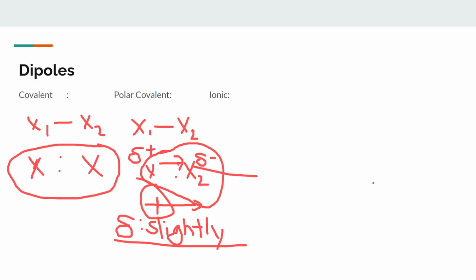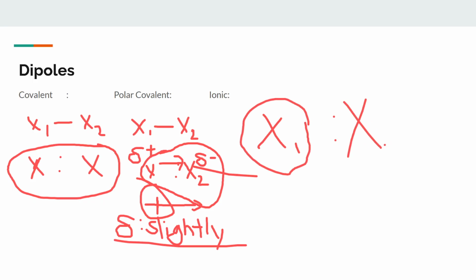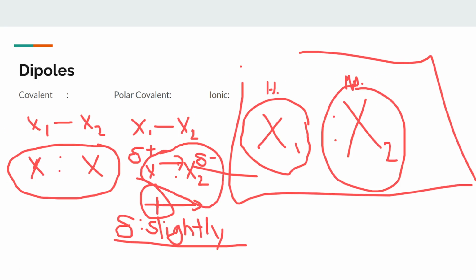In ionic bonding, the electrons are just completely stolen by the larger molecule. So this would be your halogens and stuff, and this would be your metals and metalloids and such like that.